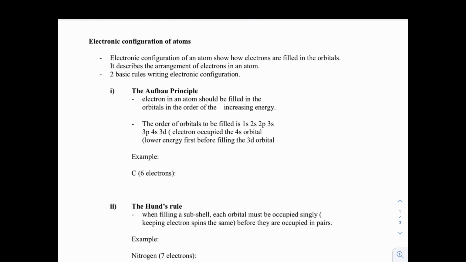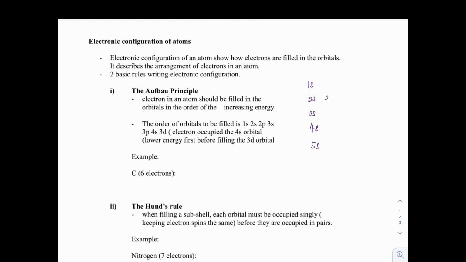But before I go into the first rule, which is known as the Aufbau rule, I will need you to practice writing the filling order, which is 1s, 2s, 3s, 4s, 5s. Up to the 5s orbital is good enough.